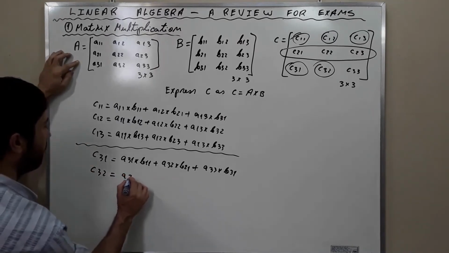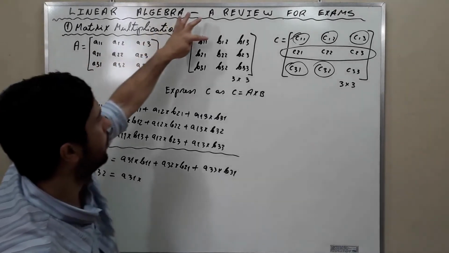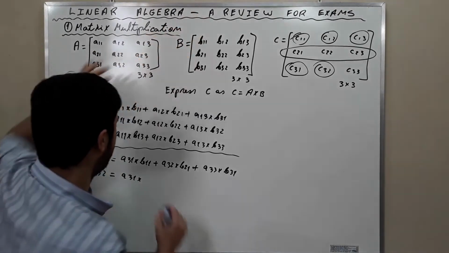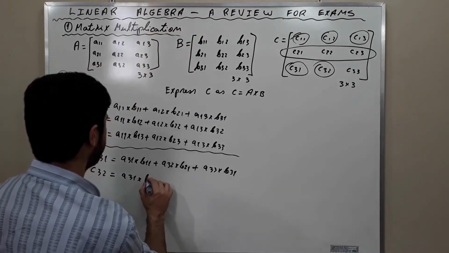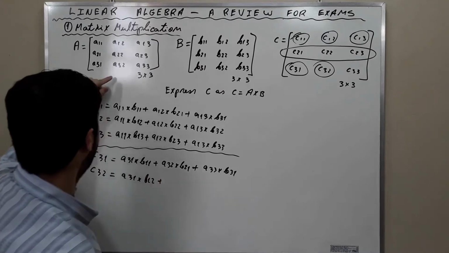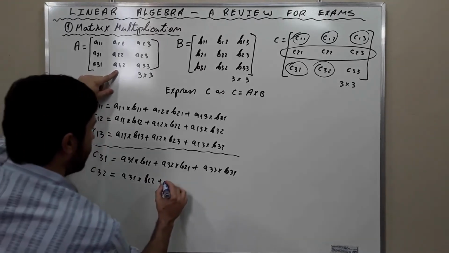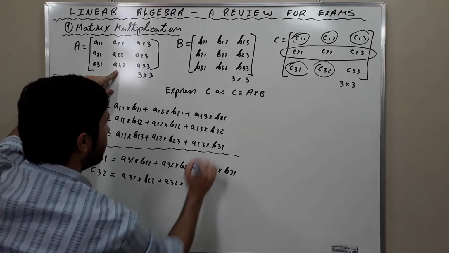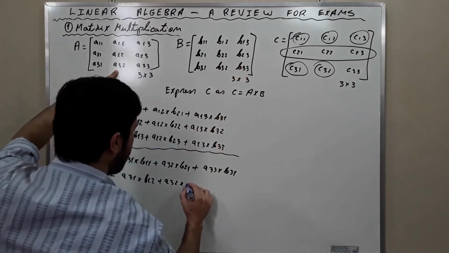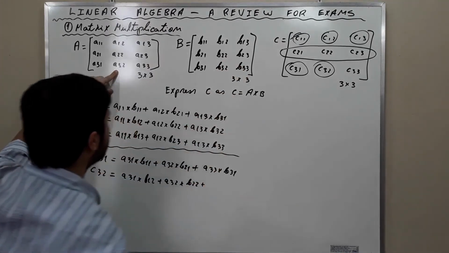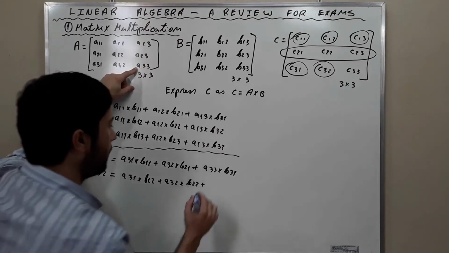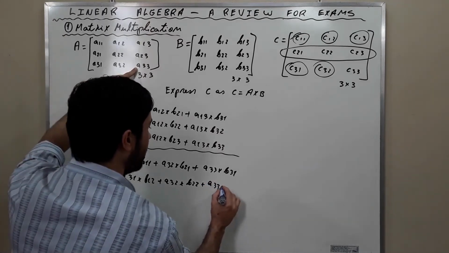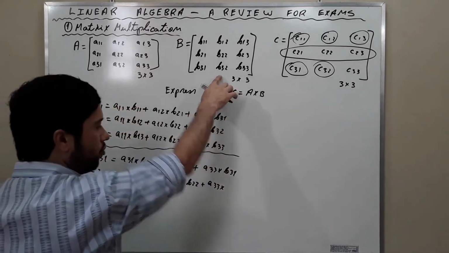A31 times B12 plus A32 times B22 plus A33 times B32.